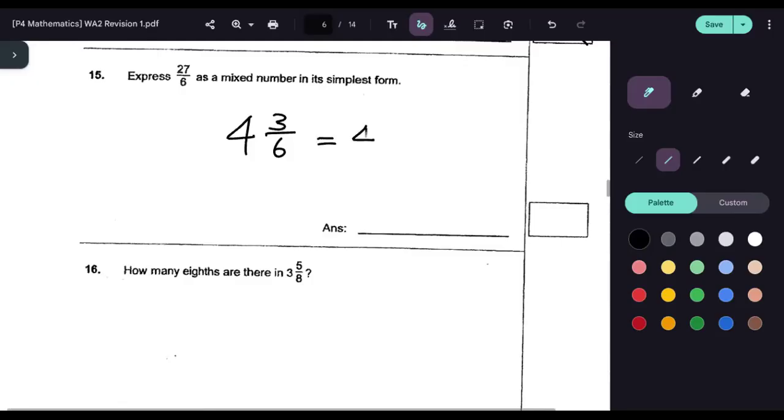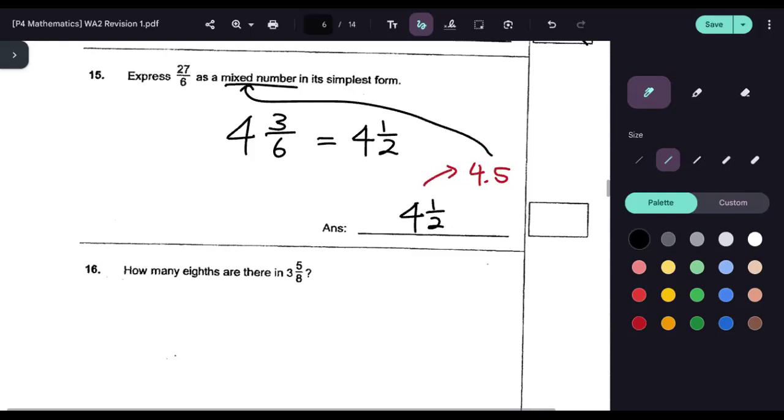So the answer will be 4 and 3 over 6. Do not, and I repeat, don't write this as a decimal, because they ask for a mixed number. Never write this.